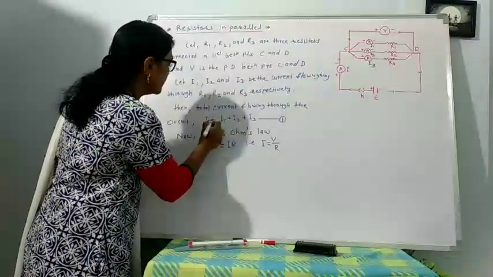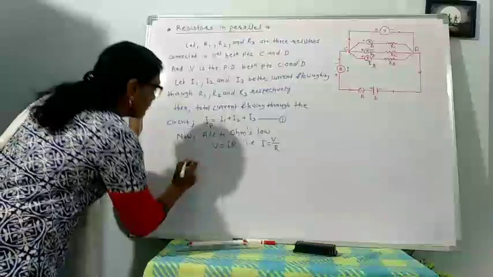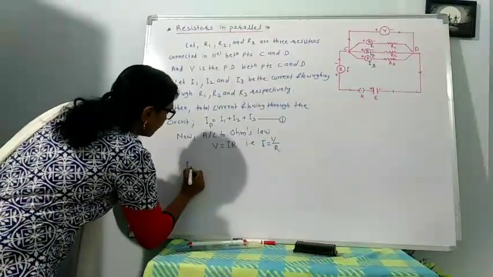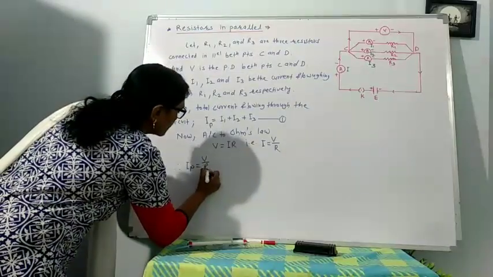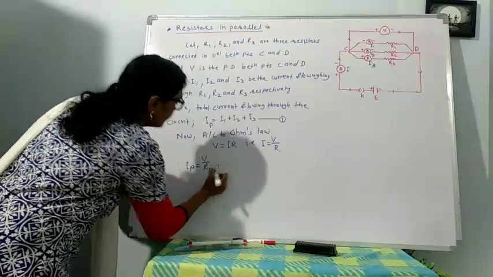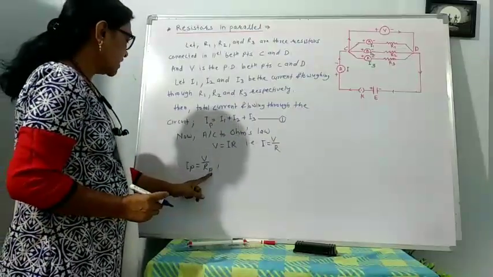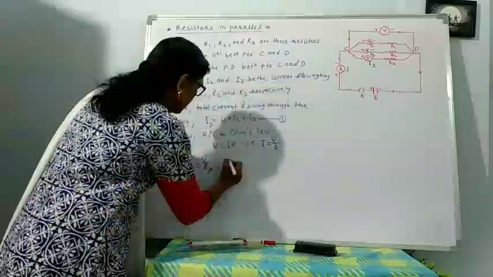IP लिहू आपण इथे. So, from this formula, we get IP is equal to V upon RP. That means P for parallel.